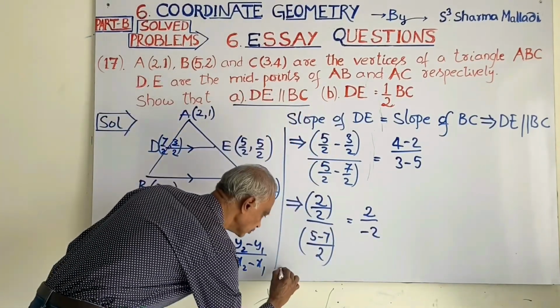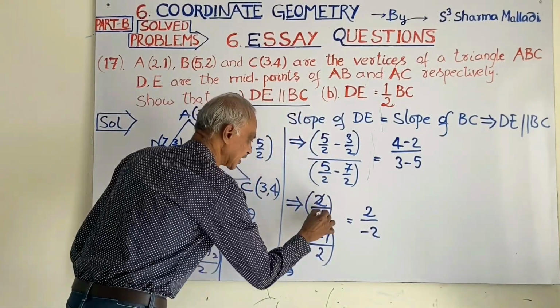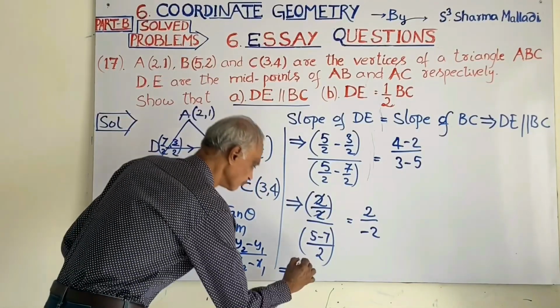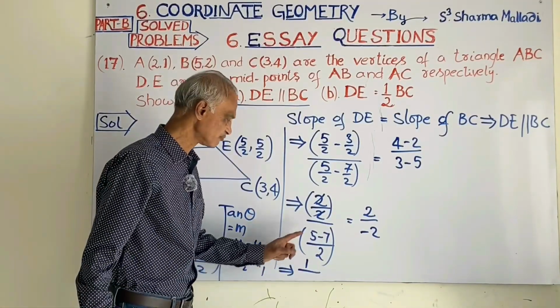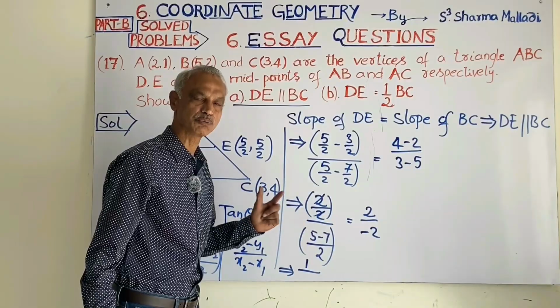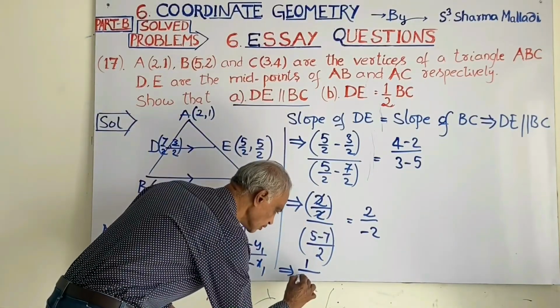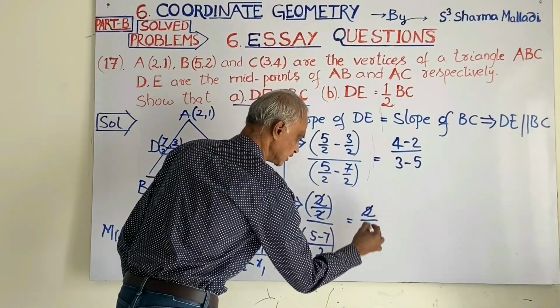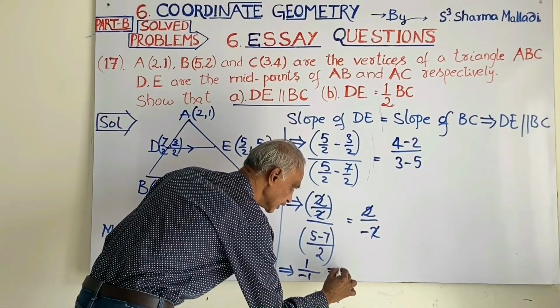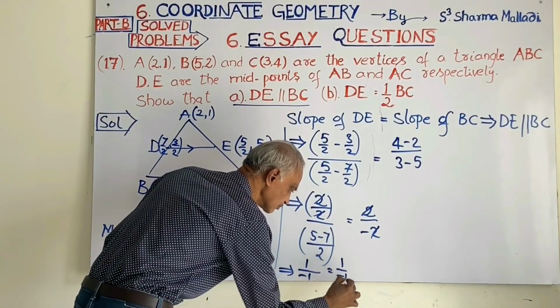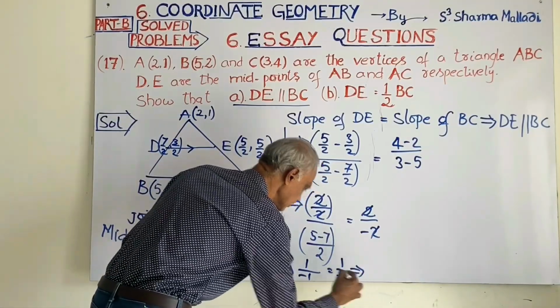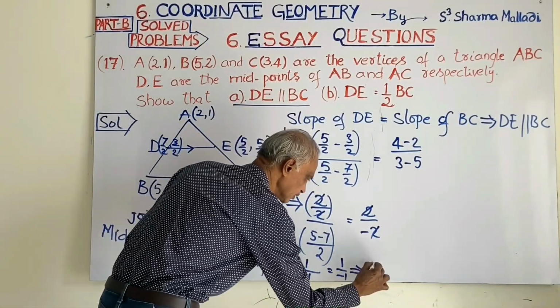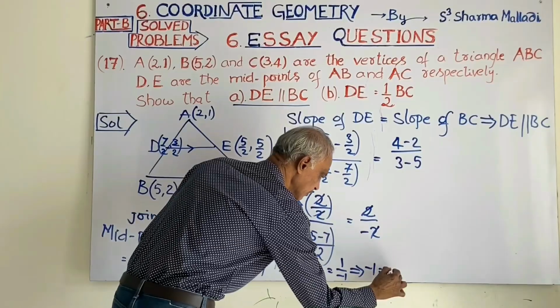Now the 2 cancels, you will get 1. 1 by (5 minus 7)/2, which is minus 2 by 2, means you will get minus 1. The 2 cancels, here also you will get 1 by minus 1, so this is minus 1 and also this is minus 1.